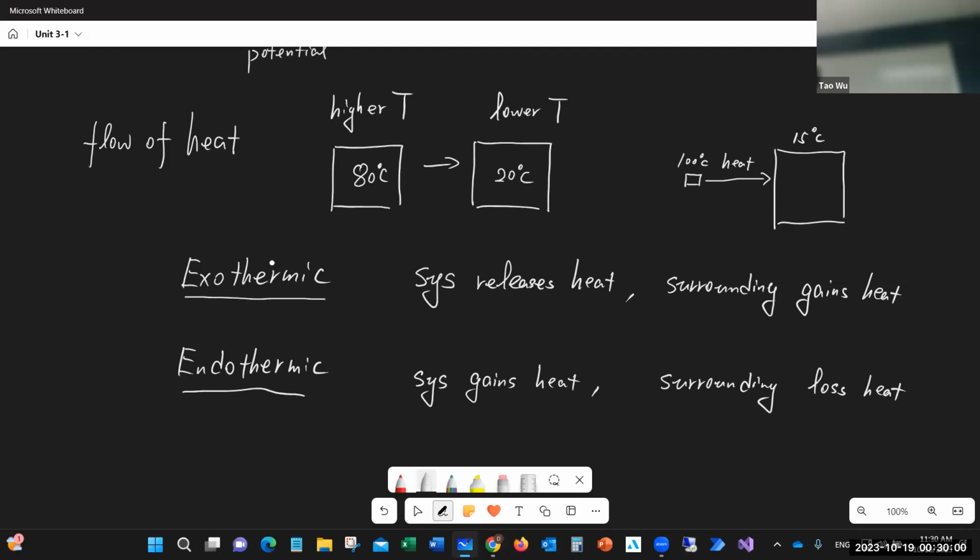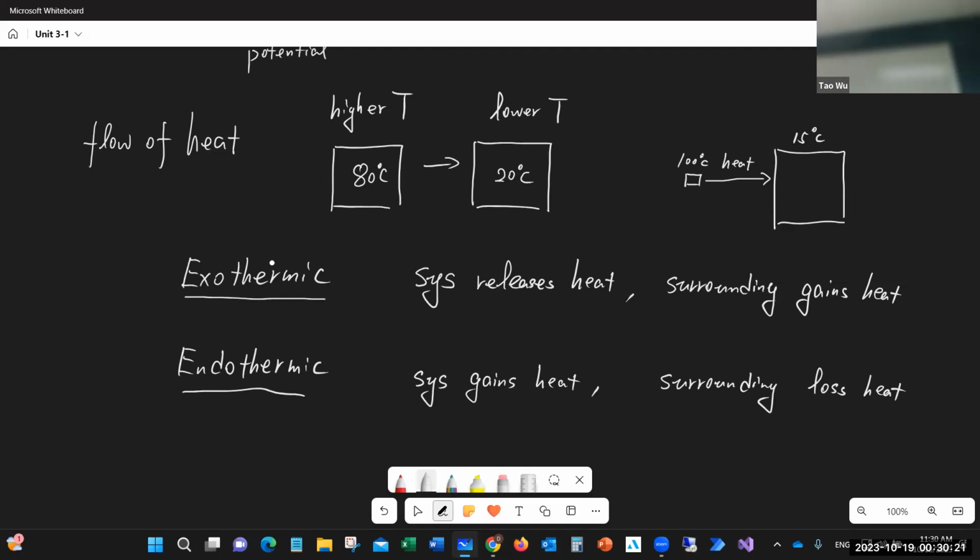In this case, the room other than your body is the system, and your body is the surroundings. So the room will be the endothermic, because we always talk about the system.